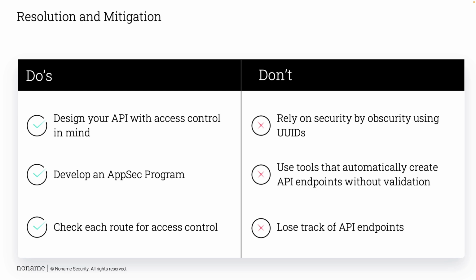Don't use tools that will automatically create API endpoints without first validating that they do in fact have that access control model and that each route has been checked for access control. And finally, don't lose track of API endpoints. One of the really common ways this happens is that during development, more and more API endpoints are added, which is great, but can increase the attack surface such that there may be APIs out there that you don't even know exist.